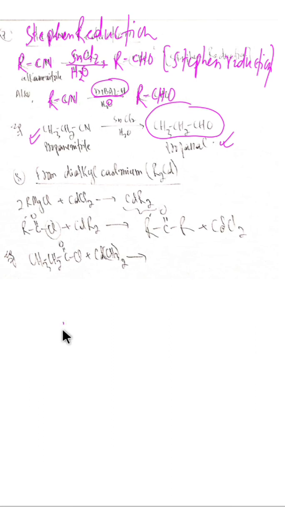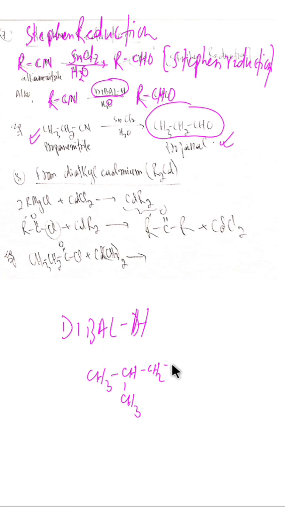Let me write the structure of DIBAL-H here. DIBAL means diisobutyl aluminum hydride. This is our isobutyl, and two such isobutyl groups will be attached to aluminium, and one hydrogen will be attached here.